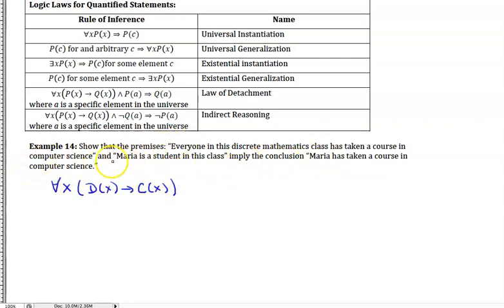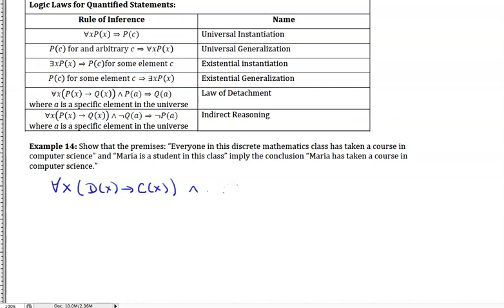And then it says Maria is a student in this class. Okay, so we can say D of M is true, because people in this class are D's.